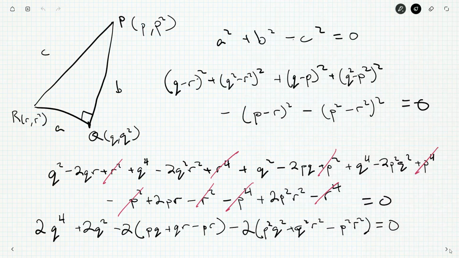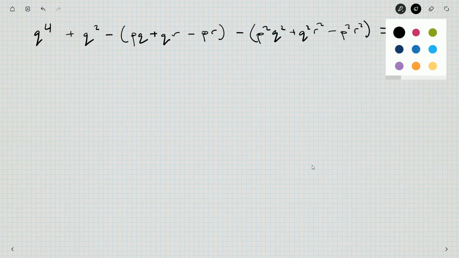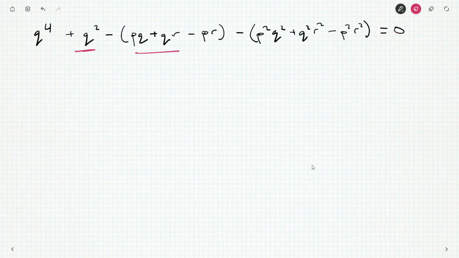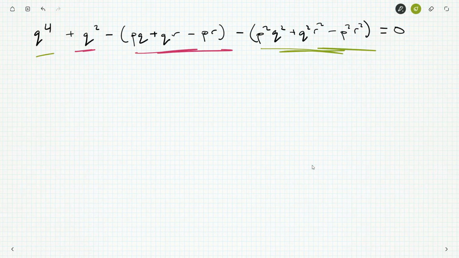So p squared q squared plus q squared r squared minus p squared r squared. Now I think this one and this one are related, and this one might be related. So let me group them together.